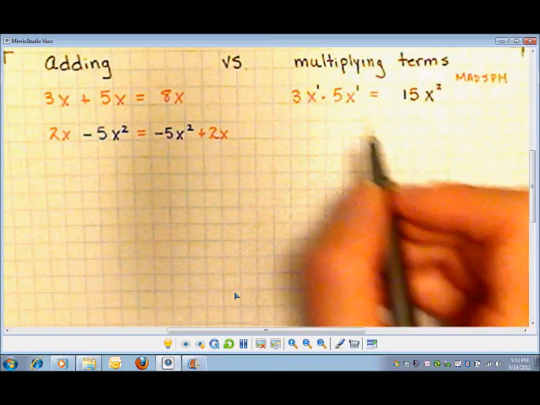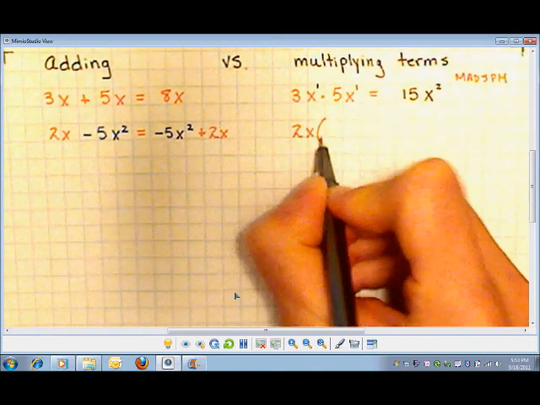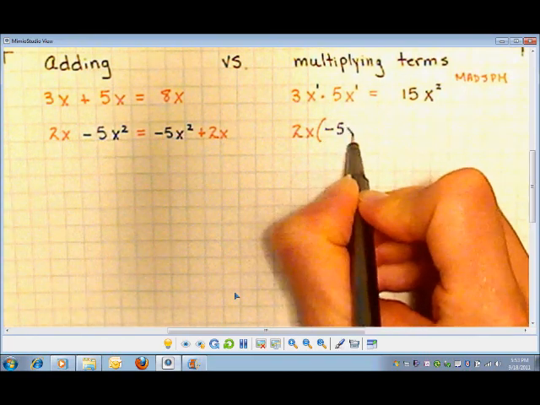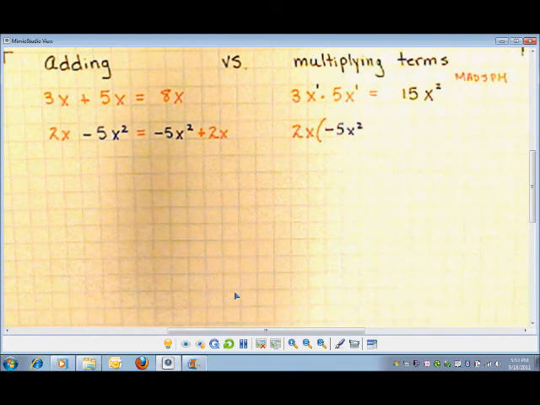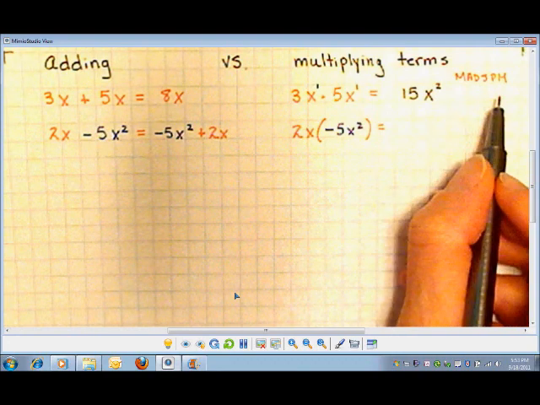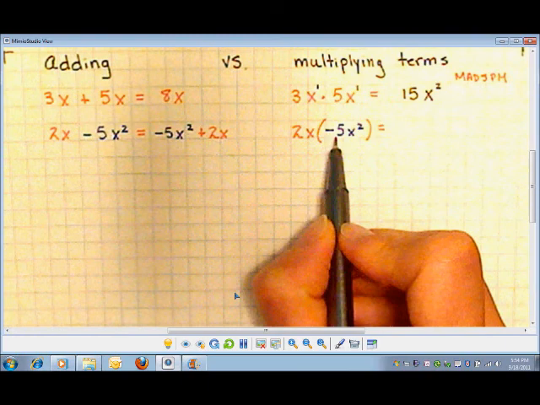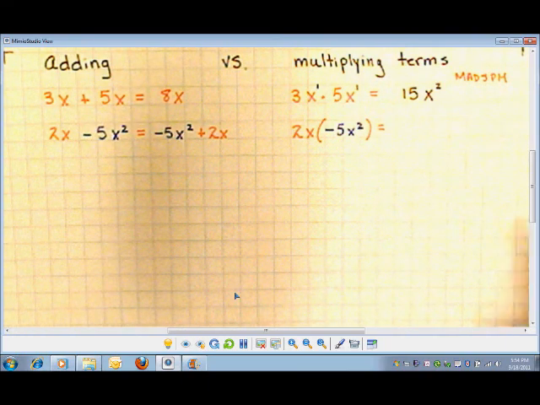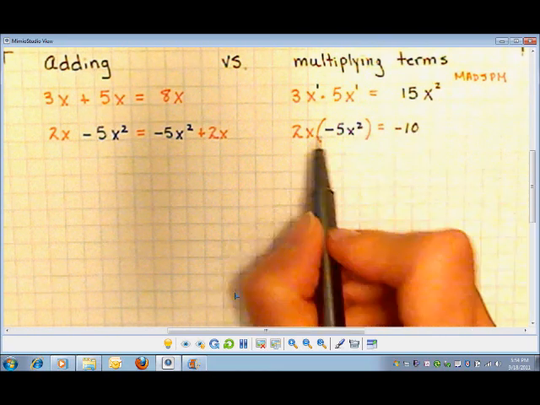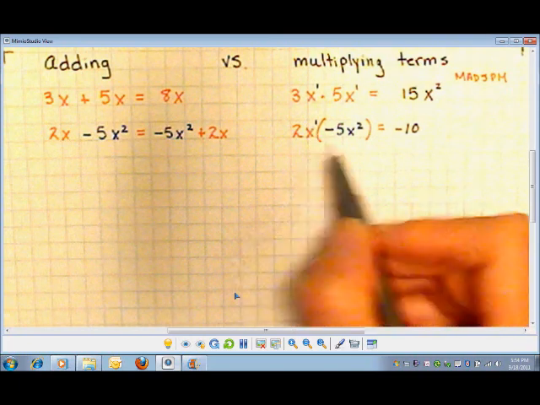However, when I multiply, if I have 2x times negative 5x squared, again, I'm going to use my property of exponents to multiply, which means I have 2 times negative 5, which gives me negative 10. x times x squared, well, remember I have an exponent of 1.